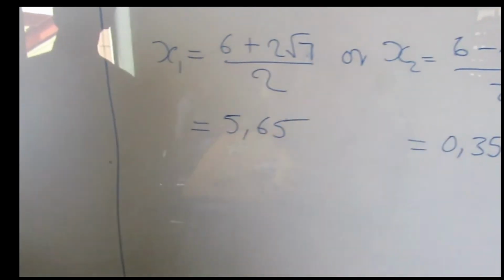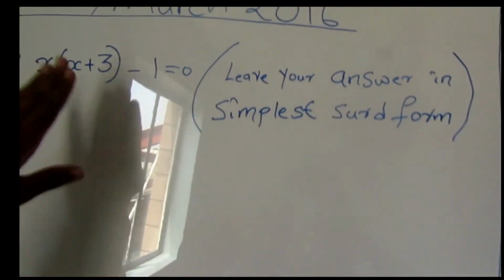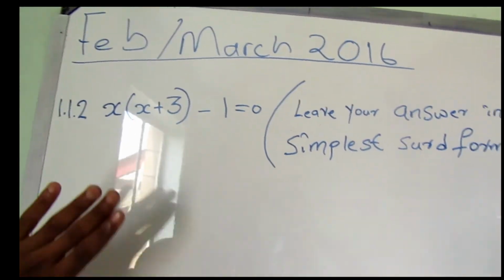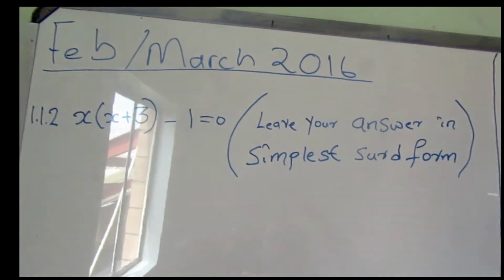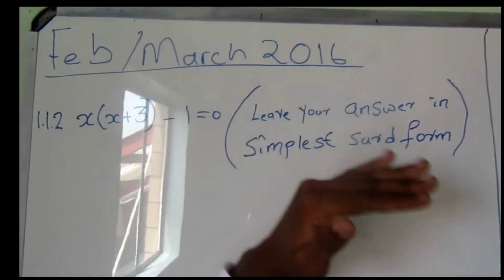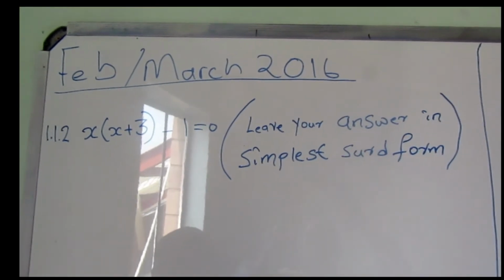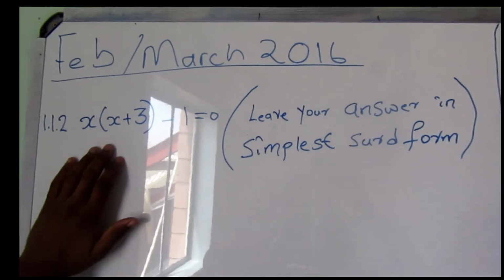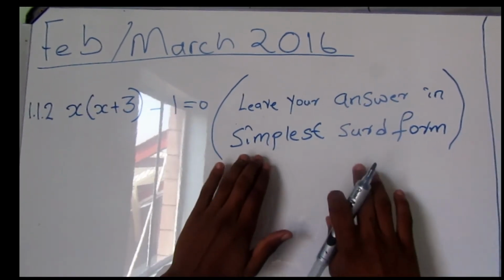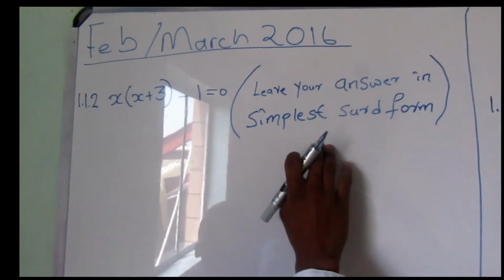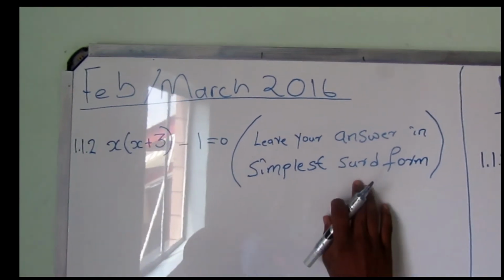Then we come to this one. In this one also we have x times (x plus 3) minus 1 is equal to 0. On this one they have restricted us to leave our answer in simplest surd form. This one is the same as the previous one, but here they say we must leave our answer in simplest surd form.